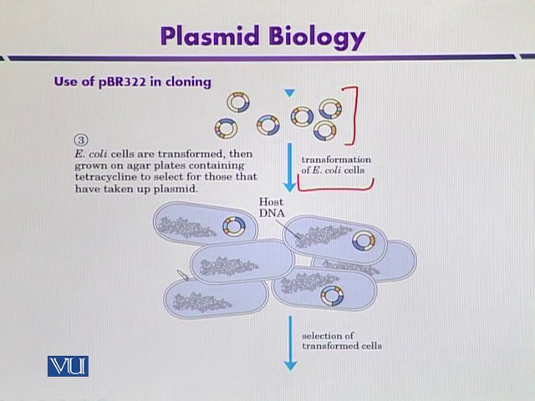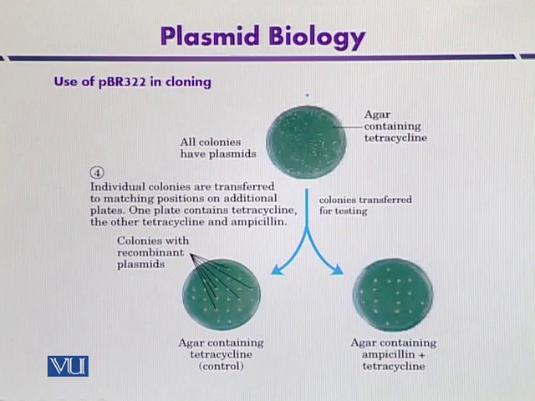So plasmids either with foreign DNA or without the target DNA are inserted. After transformation into E. coli cells, all the cells will be grown on a medium that is supplemented with tetracycline as a selectable marker, because the ampicillin gene is inactivated by the insertion of the foreign DNA, so that cell will become sensitive to ampicillin.